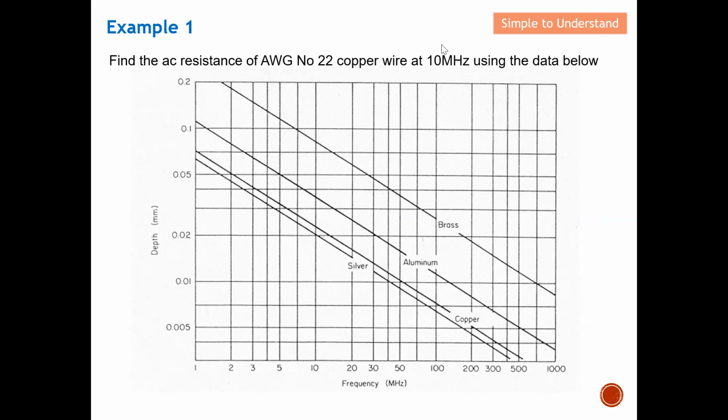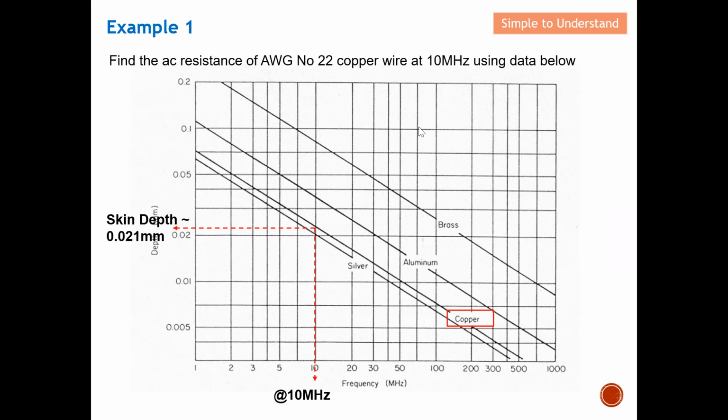The question asks for 10 megahertz, so this 10 megahertz will move towards the copper line. Once it touches the copper line, I can determine the skin depth, which is 0.021 millimeter. So this is the skin depth when the frequency is at 10 megahertz.